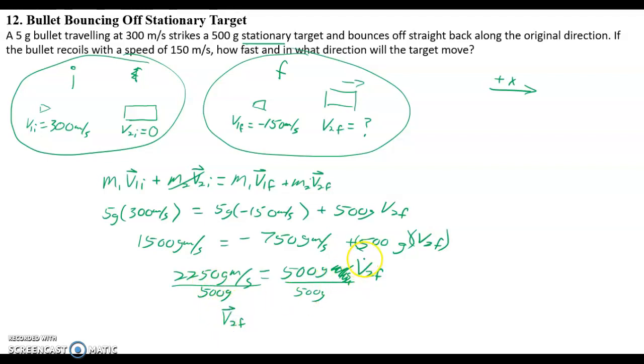So V2F, and if you're really careful, you put vector hats over all of those because that is the vector form. We're not just solving for the magnitude like we do for forces in the second law, but here we're actually solving for this vector quantity. And so it'll have a positive or negative sign depending on the direction, and it comes out to 4.5 meters per second.